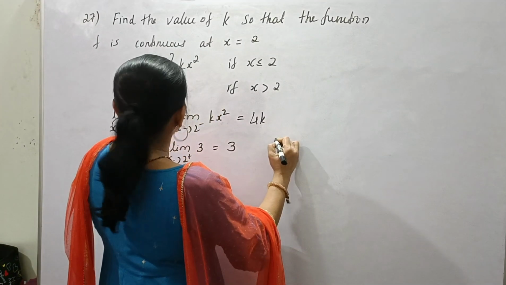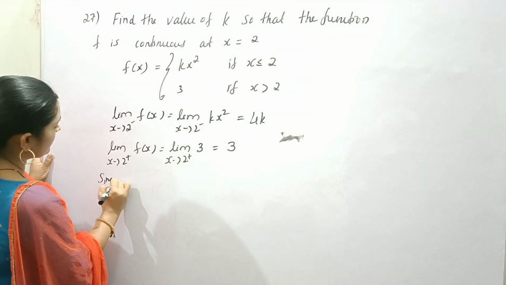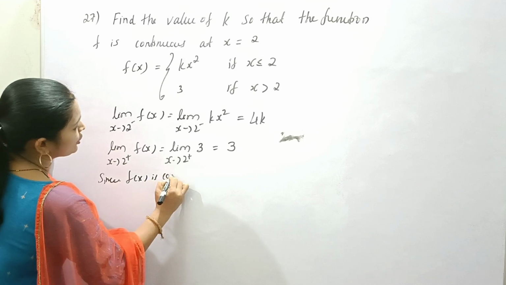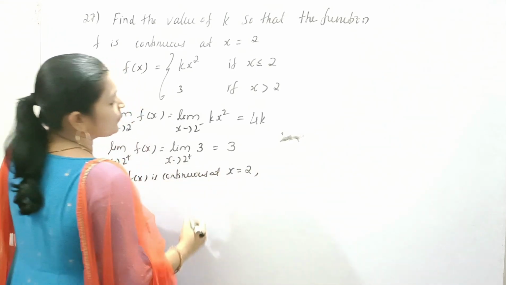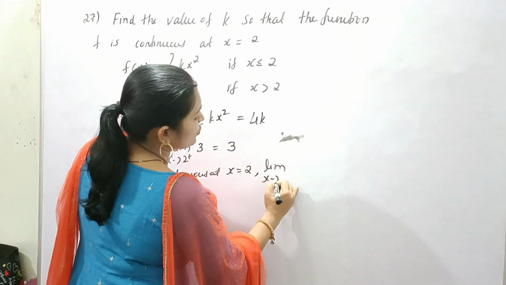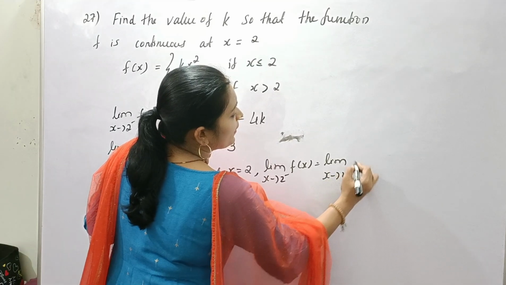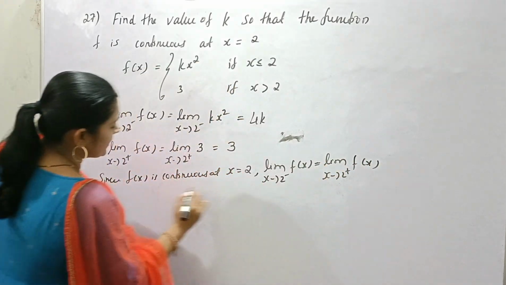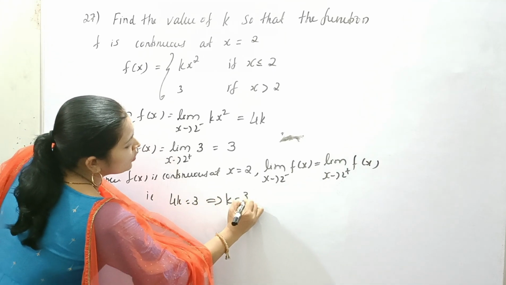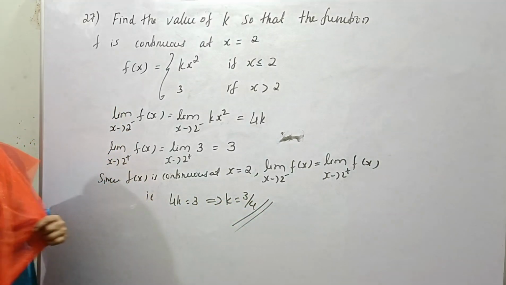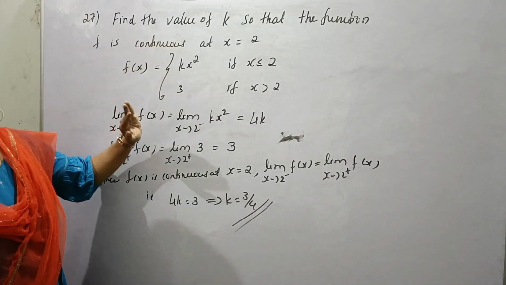So here, since f of x is continuous at x is equal to 2, limit x tends to 2 minus f of x is equal to limit x tends to 2 plus f of x, right? That is 4k is equal to 3, that implies k is equal to 3 by 4, that's all. The value of k is 3 by 4 if the function is continuous at x is equal to 2.